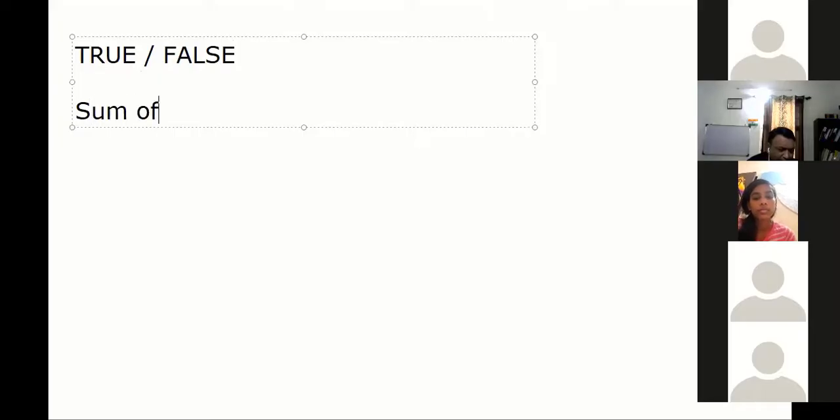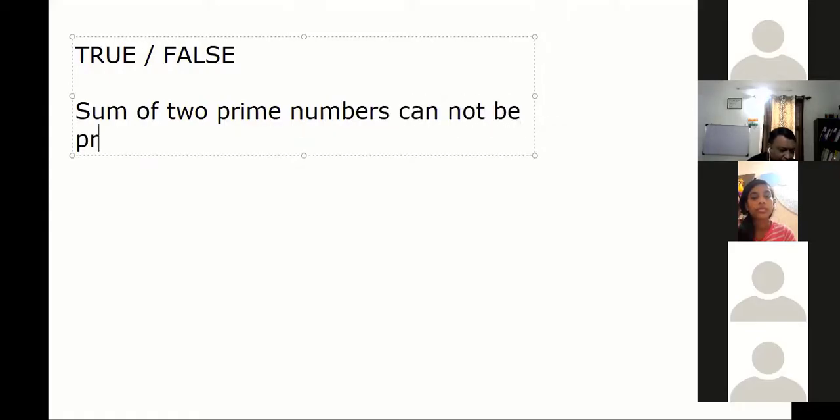Sum of 2 prime numbers cannot be prime. Tell me true or false on the chat. Dhruv says true. Asta says false.